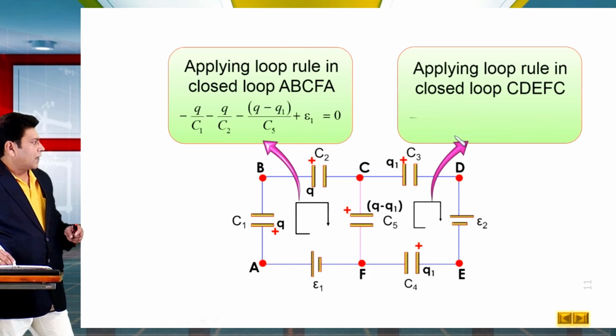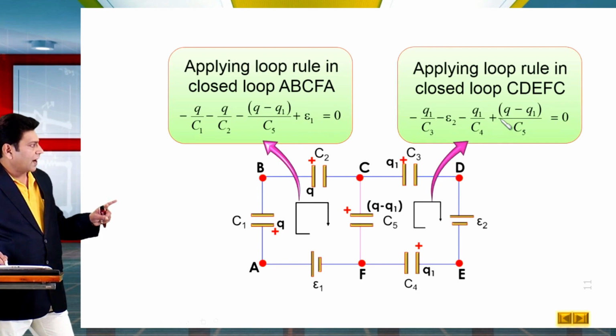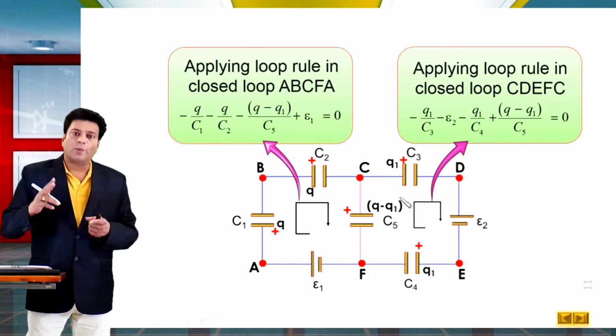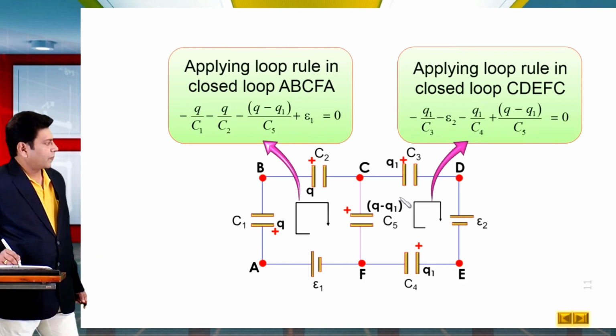So, first write this voltage drop, then battery voltage drop, and here positive to negative, that is minus Q1 divided by C4, and here we will move from negative to positive plate. So, voltage gain will occur. So, this should be with the positive sign, and we will write Q minus Q1 divided by C5, and summation of the voltage gain and drop should be equal to 0. That is why we have written the second equation.